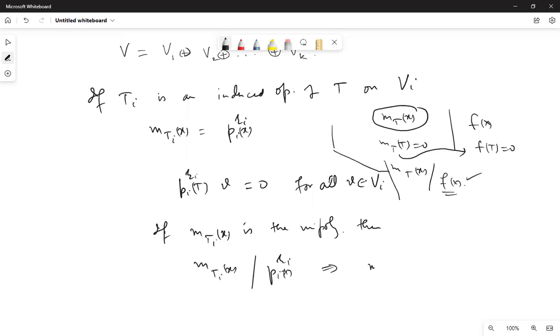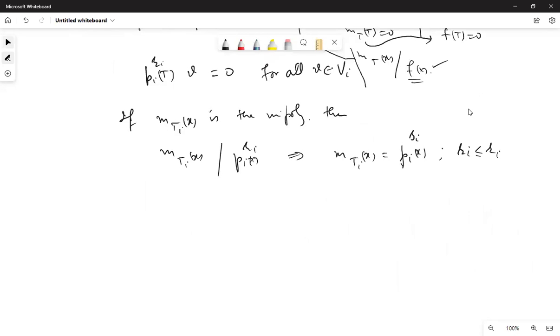This means m_Ti(x) would be of the kind Pi(x) raised to some power si, where si is less than or equal to ri. We have to show that this is exactly equal to ri.